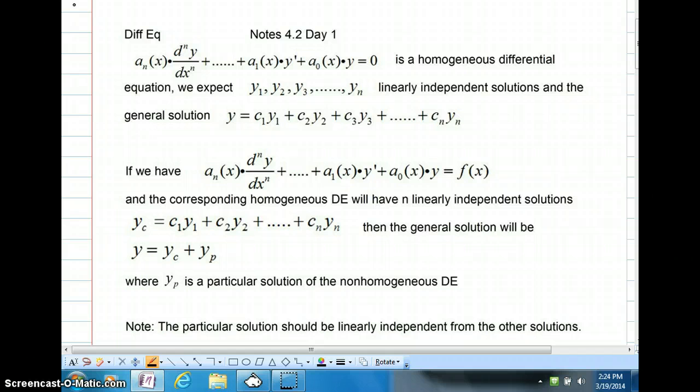We've got 4.2, day 2. Real quickly, just to review, we said if you have a homogeneous differential equation of nth order, that means there are n derivatives in that differential equation. If it's set equal to 0, you expect n linearly independent solutions.